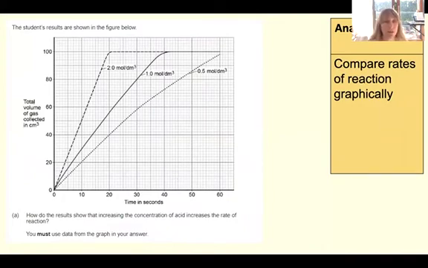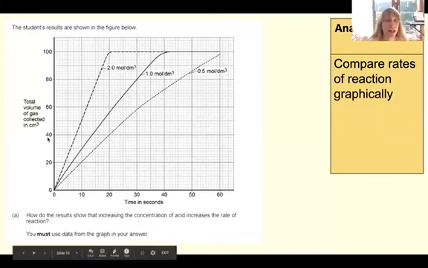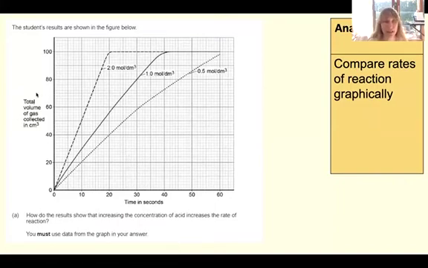So here we've got another graph, but we're comparing different concentrations of acid, which it tells us here, and how quickly they have reacted, the rate of reaction. We can see that this 2 molar concentration has more particles of acid in it, so those particles are going to collide more frequently, and therefore the rate of reaction will be quicker. In point of fact, the reaction finishes after 20 seconds.